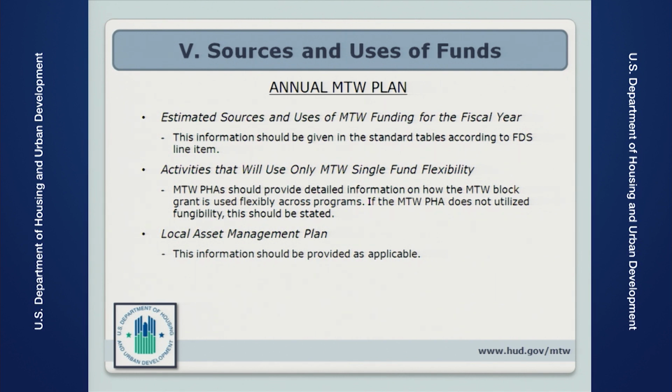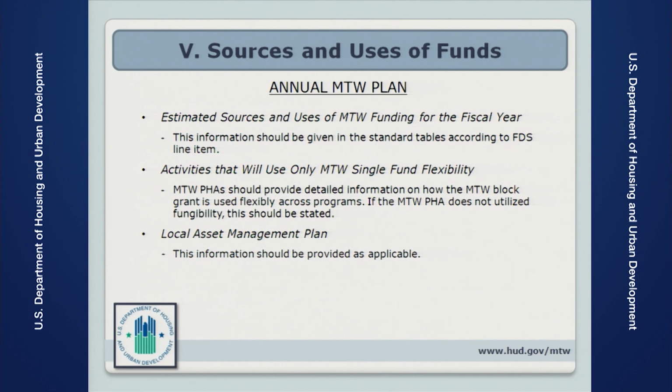So there's a really clear correlation between what we're asking you for in the FDS, and that will enable a clear comparison of the budget to the actual at the end of the year. Agencies should only report values for the line in total. So in that line 70500, you would just report the total value. You don't need to report on the sub-items that add up to that value. So you wouldn't need to give us values for 70300 or 70400.